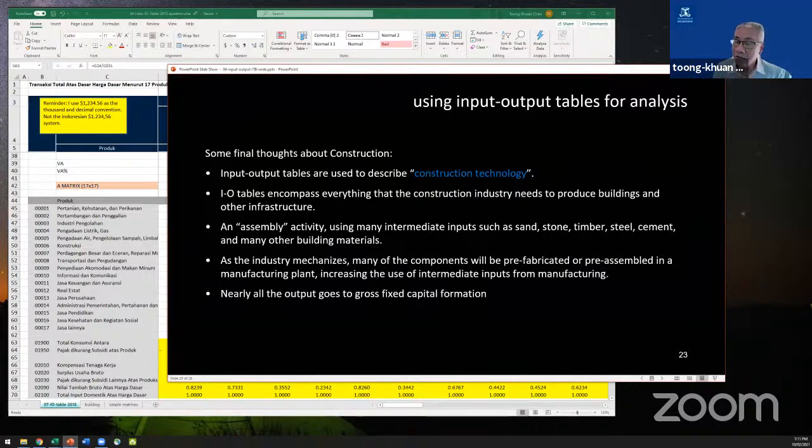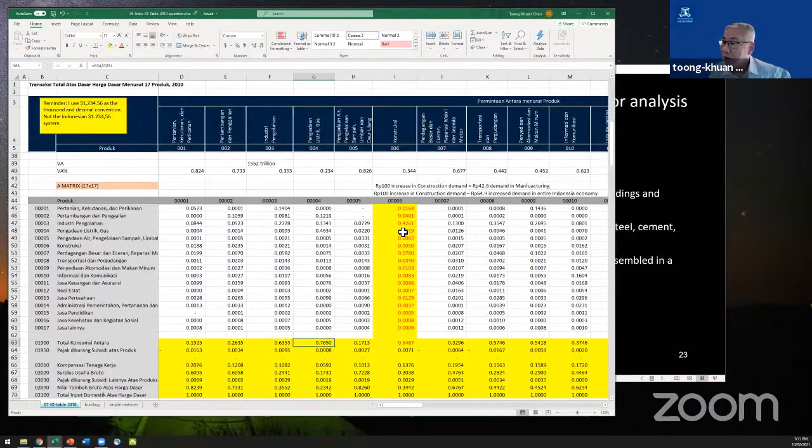So we will increase this number over here. This number will continue to go up if we shift more construction activities into the manufacturing sector.